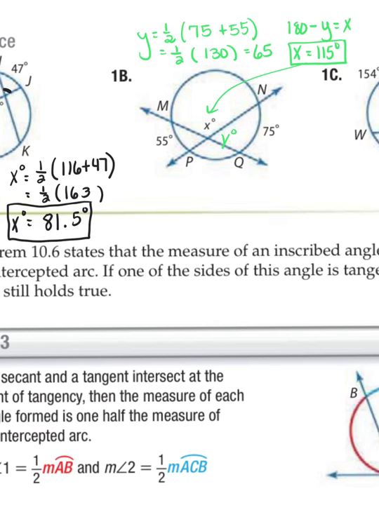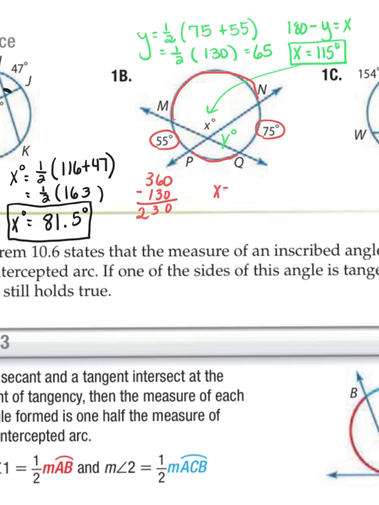Another way to find the X value is to remember that there's 360 degrees in the circle, sorry, not 365. If there's 360 degrees in the circle, I can subtract the sum of 55 and 75. We've already said that that adds up to 130. All right, so 230 degrees would be the sum of MN and PQ.